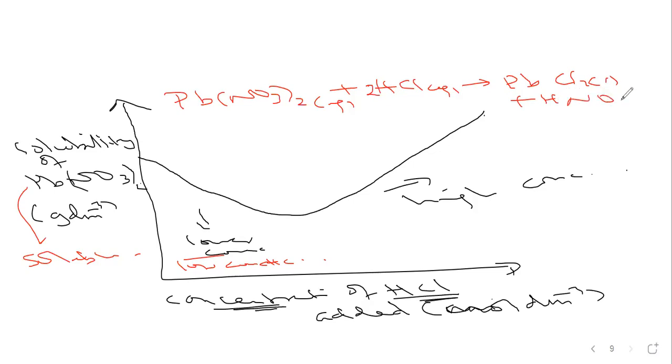And nitric acid. You can write an ionic equation as well between lead 2 ions and the chloride ions to form lead 2 chloride. So the reaction at first here is a reaction between lead 2 nitrate and the dilute hydrochloric acid to precipitate lead 2 chloride. That's why the solubility decreases.